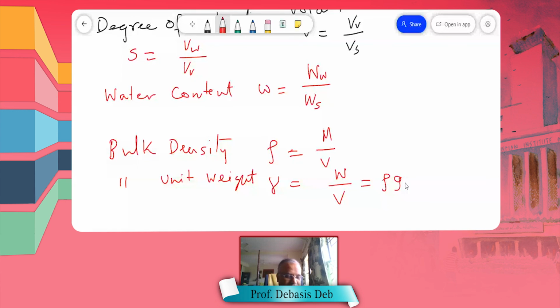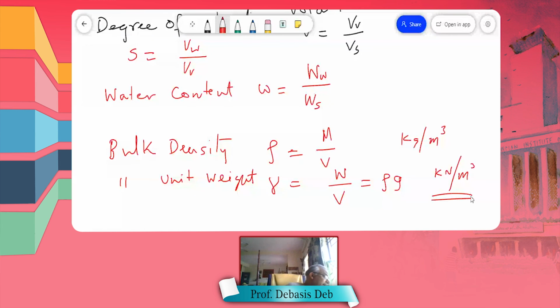Even, at least in mining, we do not express with densities so much. So we call it kilonewton per meter cube. This is the unit we normally use, kilonewton per meter cube. And this, as you said, is kg per meter cube. So we normally go by kilonewton per meter cube, in unit weight terms.